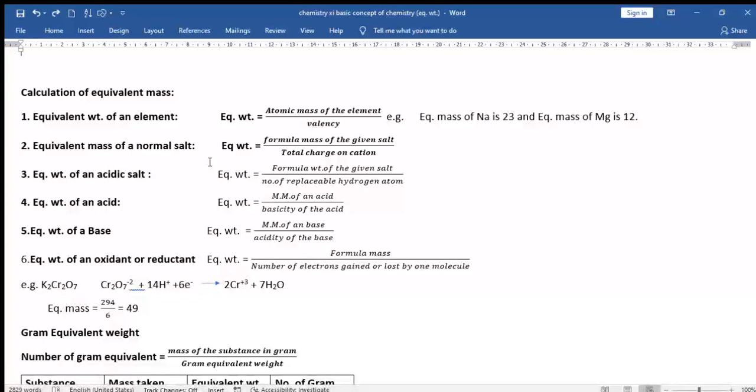As in the case of NaHCO3, sodium bicarbonate, we calculate the formula mass and write it down. Here only one replaceable hydrogen atom is present. So to find out the equivalent mass, we write the formula mass of the given salt divided by 1.